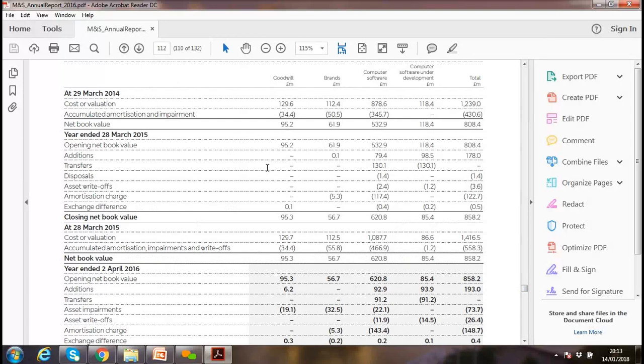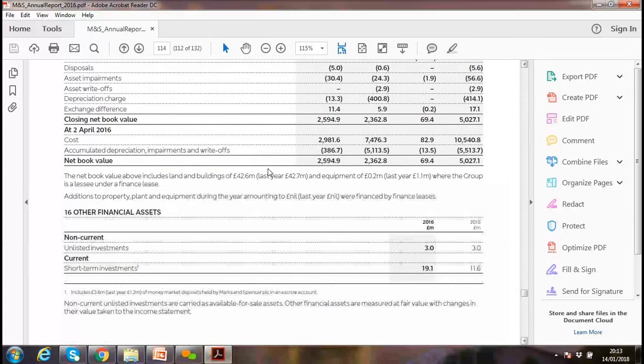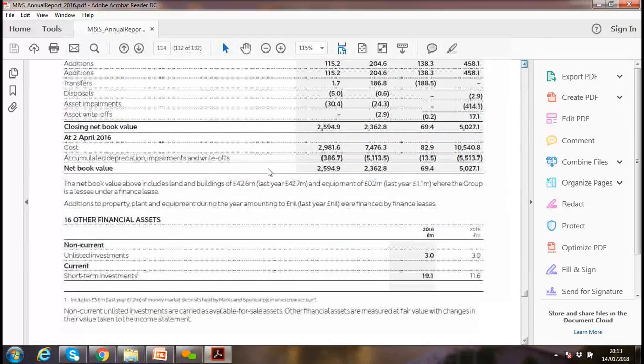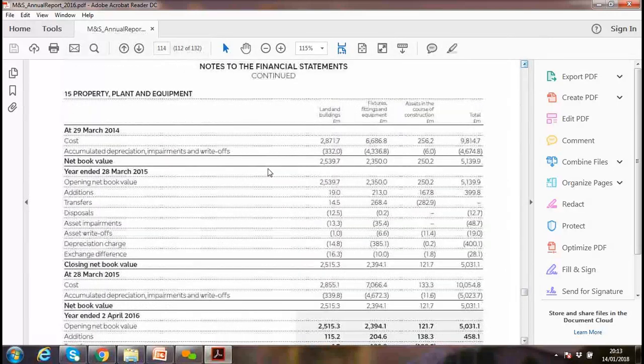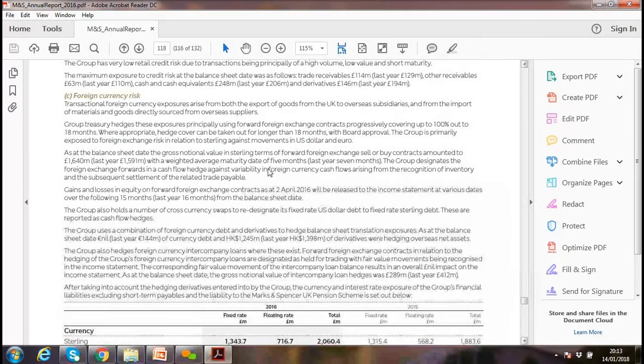We have goodwill, and the last 3-4 years are given there. Please go through it a bit, as it gives you a lot of information about the financial statements, which we prepare along with the cash flow within a report.